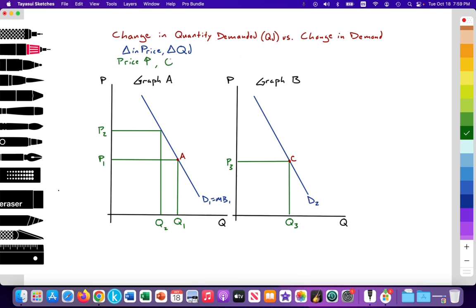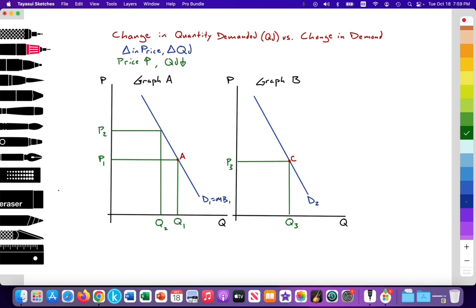leading to quantity demanded decreasing. So if I were to say there's a decrease in quantity demanded, if I'm using that terminology, a decrease in quantity demanded, that's a result of an increase in price. It has to be the result of an increase in price when I use that terminology.